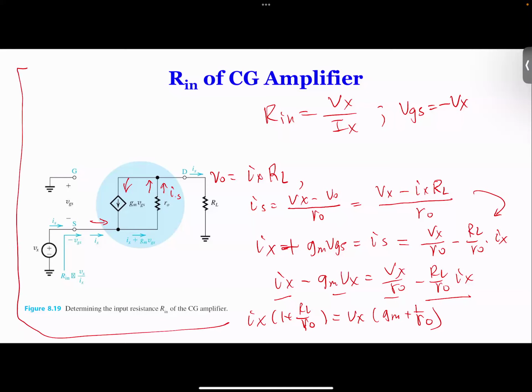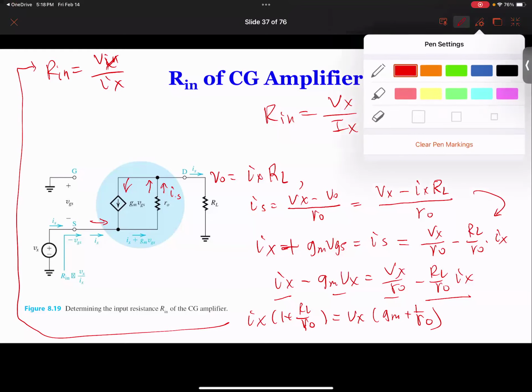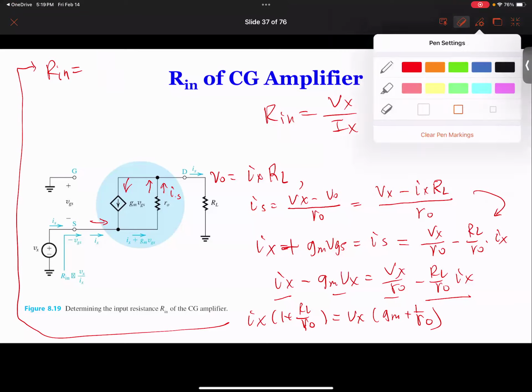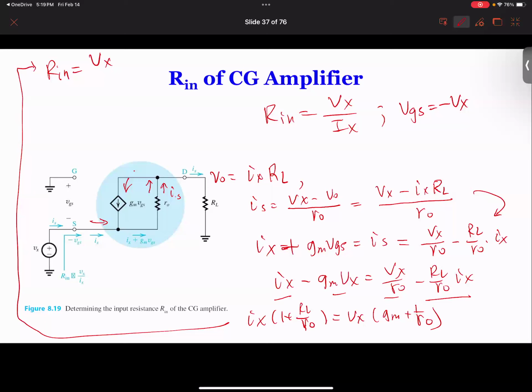The input resistance is going to be Vx over Ix. Now we're plugging the bottom equation over here. So it's going to be 1 plus RL over Ro divided by Gm plus 1 over Ro.